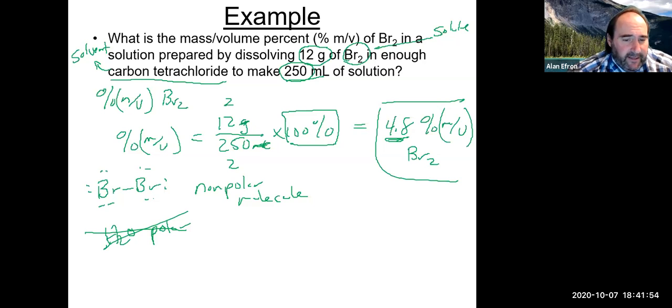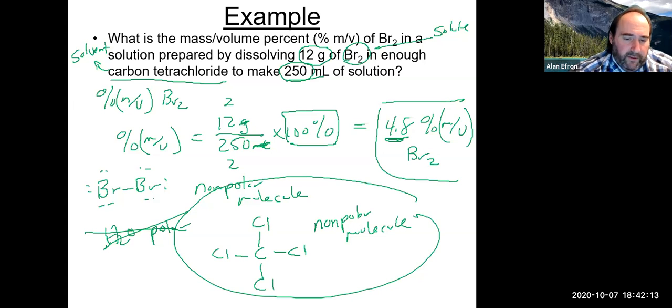So when we take something like carbon tetrachloride that looks like this, I won't draw out all the electrons, but if you remember from geometry, this is a symmetrical geometry, and this means that this one is going to be nonpolar as well. And that's why in this case, the solvent is carbon tetrachloride with our Br2, because it is nonpolar, and nonpolar interacting with nonpolar, they're both going to be using dispersion forces, and they're both going to be good.